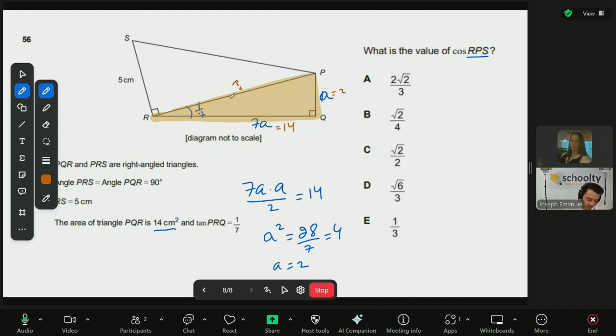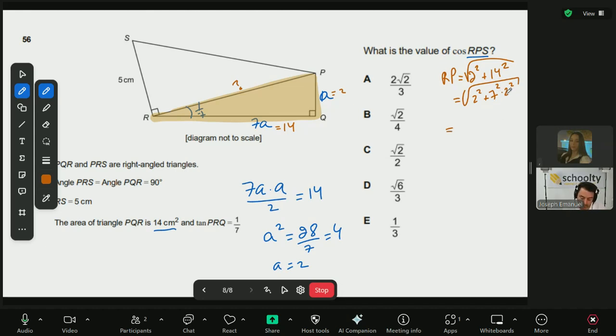So let's calculate RP. RP squared is 2 squared plus 14 squared, correct? 14 squared is like 7 squared and 2 squared, to make it easier.